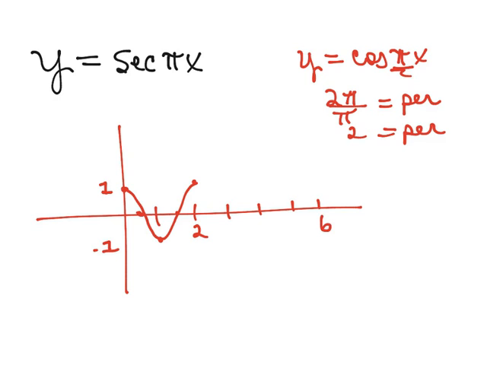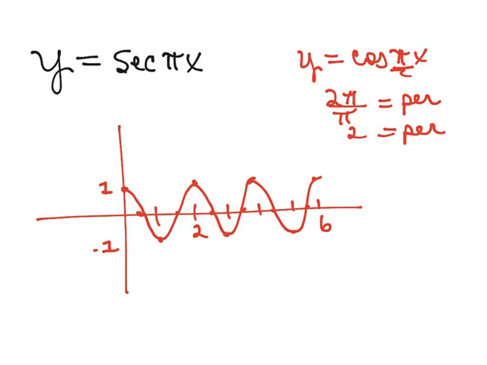So 6 would be almost 2 pi. And so if we continue this same pattern, we'll get our cosine graph with a period of 2, and we've made 3 cycles.